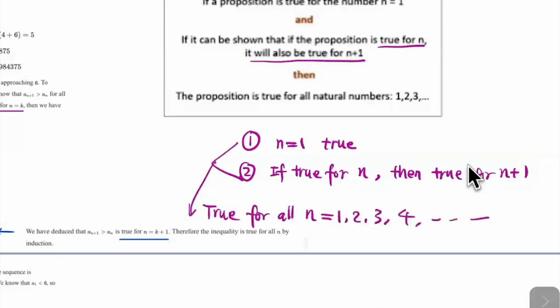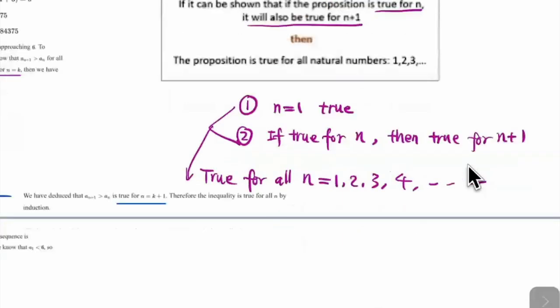Why? Well, if you can prove that it's true for 1, so this is true, right? But then you also proved that if it's true for n, then the next one is true. So because it's true for 1, would that be true for 2 also? Yes, it's true. Because if it's true for n, it's true for n plus 1, right?